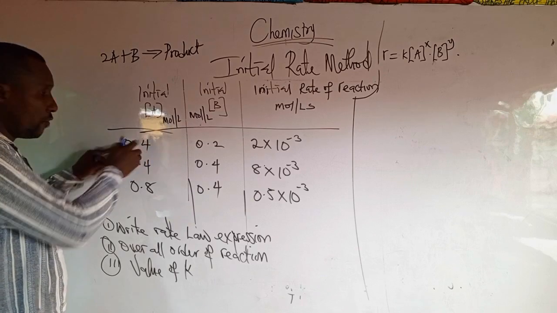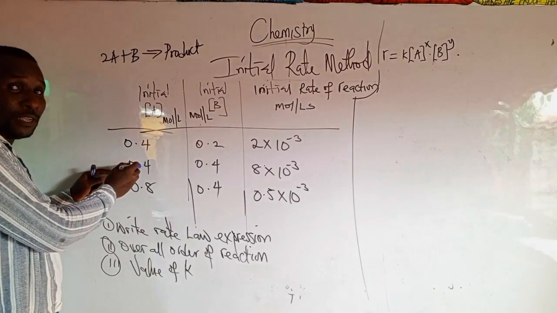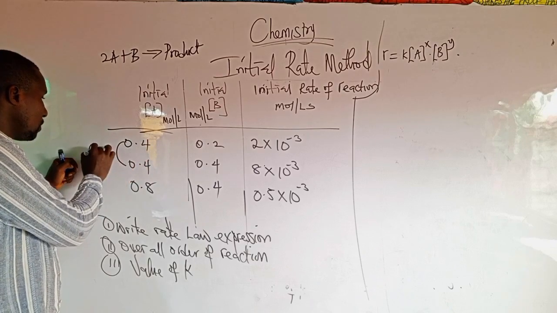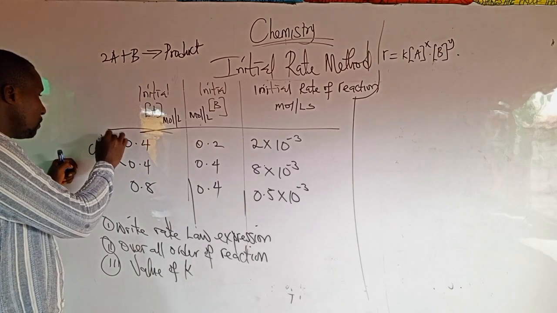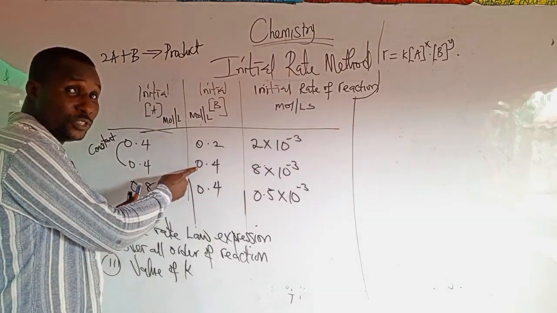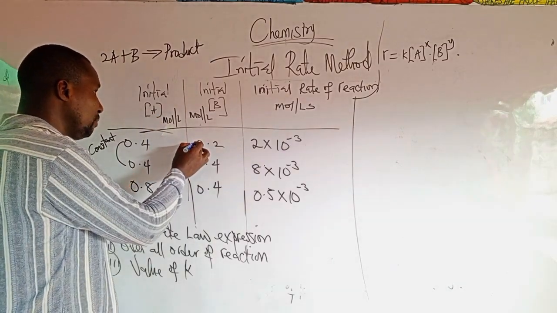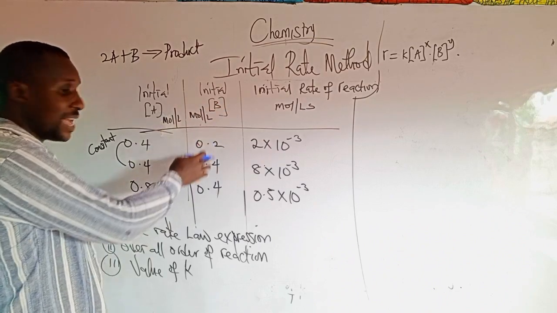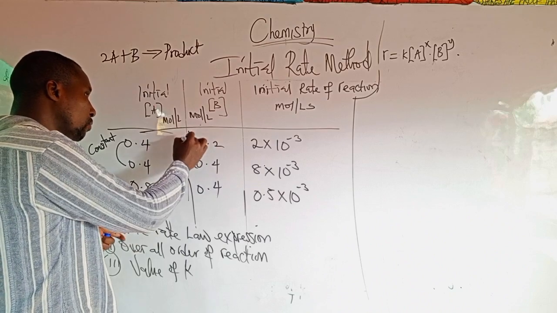For the concentration of A, in experiment 1 and experiment 2, what is it? Constant. Then look at this. For the concentration of B, experiment 1 and experiment 2, what is it? Doubled.